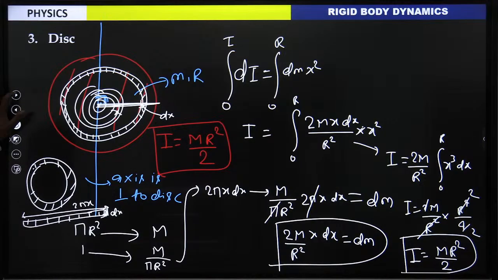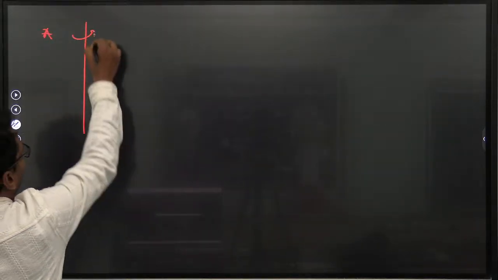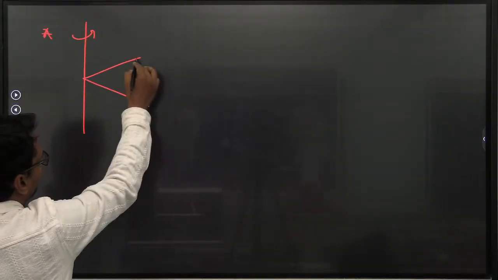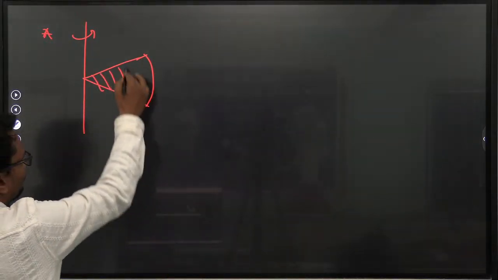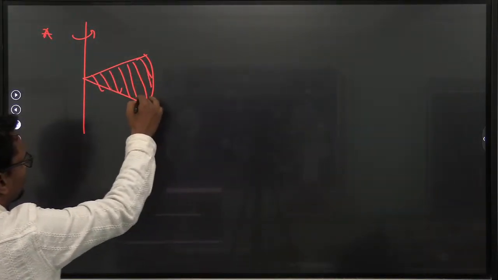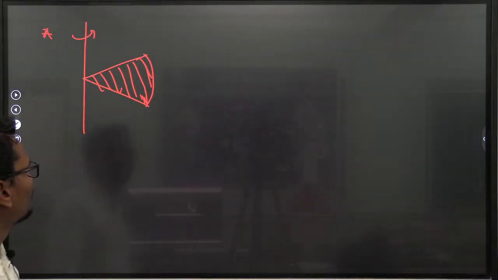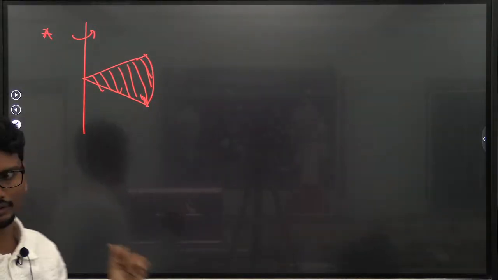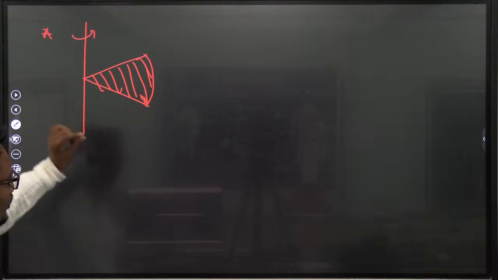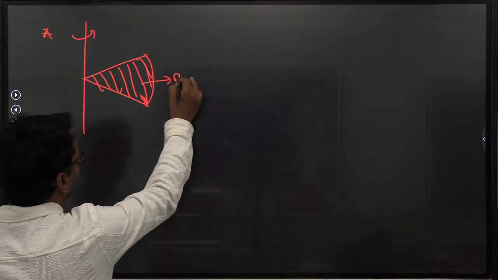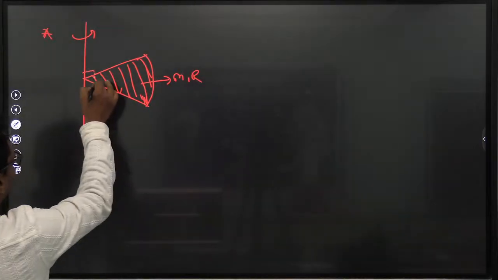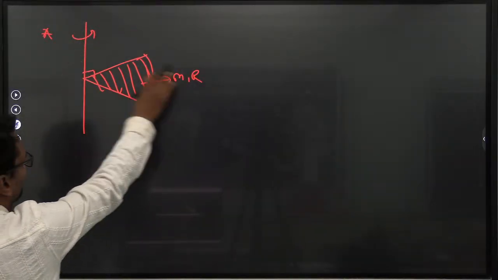Now you can look here. This is the axis and this is a cut part of a disc. This is the complete disc, but the cut part you can understand as one part of a pizza, having mass m and radius r, and this axis is perpendicular to this cut part.